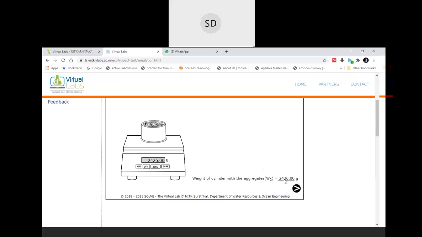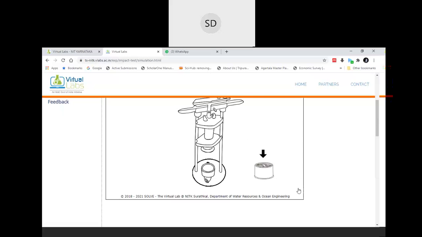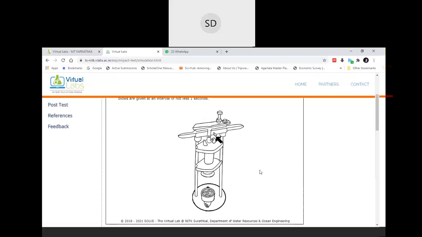Take the weight, that is your W2. Then place this over there. This is your screw, it will be attached over there. And now you have to pull this up. Okay, and this sound will appear.